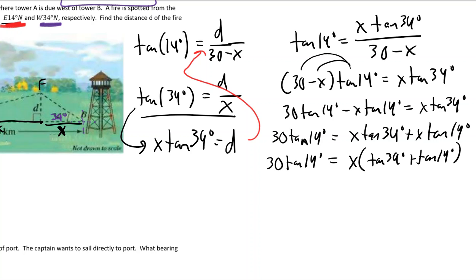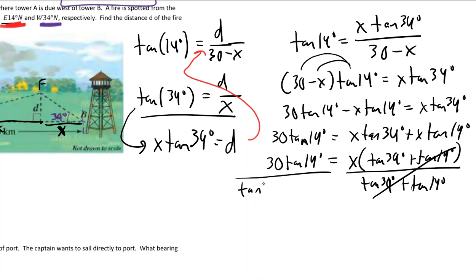And the reason that trick works out great is because now x times this stuff can be undone with division. And now I know how big x is with the help of my calculator.